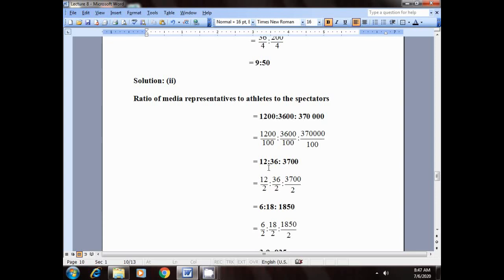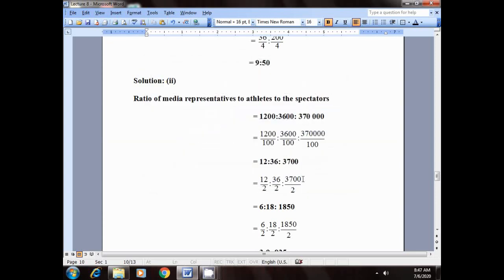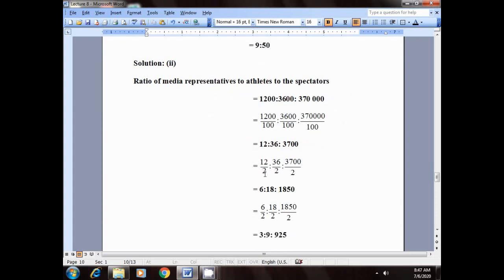Now it's easy to calculate them. 2 times 6 we have 12, same as 2 times 18 we have 36, and 2 times 1,850 we have 3,700. Or simply if you divide this 3,700 by 2, you will have the quotient 1,850. Once again these three quantities are divisible by 2, so let's divide them by 2 further.